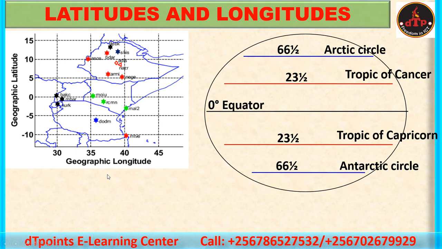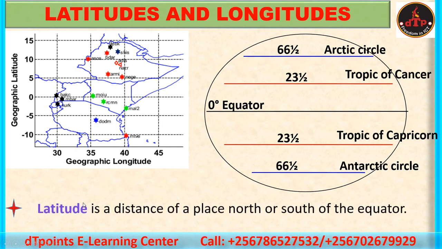So let us define the word latitude. A latitude is the distance of a place north or south of the equator.